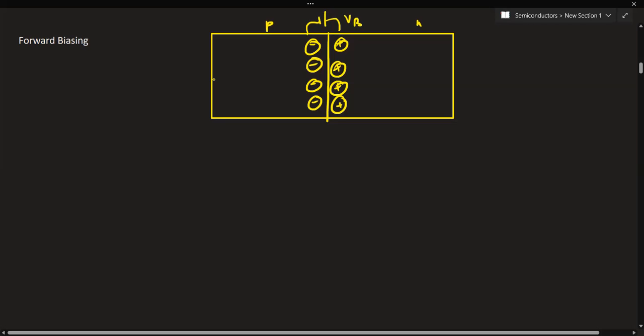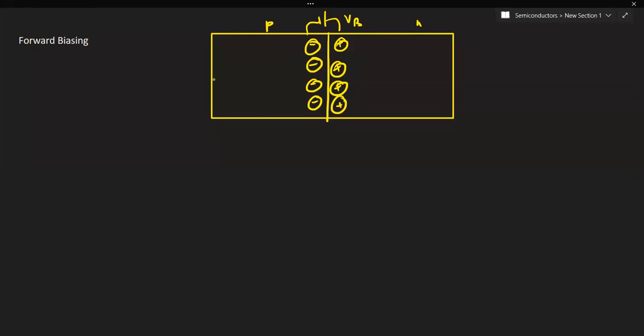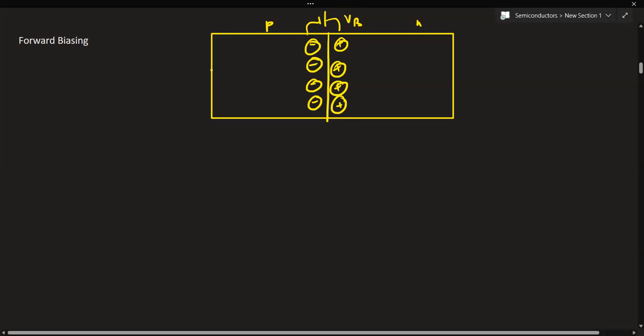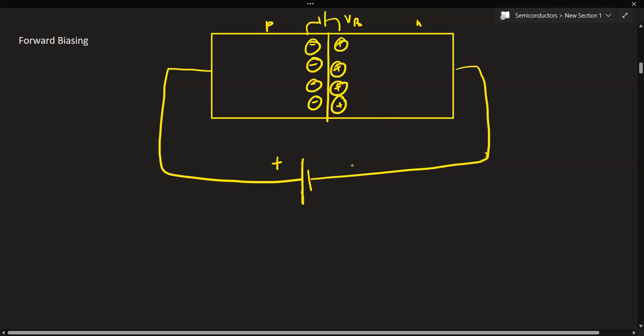Now see, how do we differentiate forward and reverse biasing? If the positive terminal of the battery is connected to the P side, and the N part is connected to the negative side of the battery, this setup is known as forward biasing.